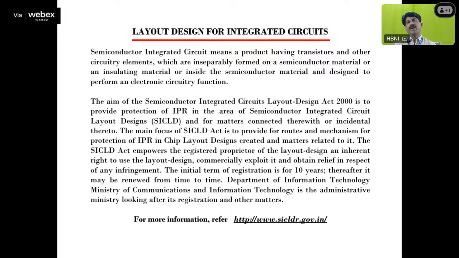Whenever they are preparing integrated circuits, the layouts are also quite important. They put a lot of thought and a lot of research into finalizing these layouts, so they also want to protect the layout design of these integrated circuits.